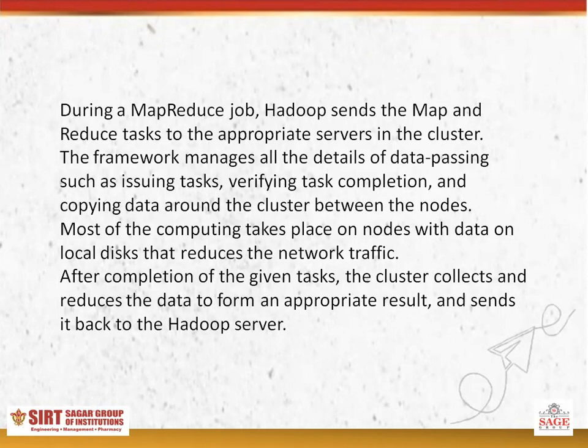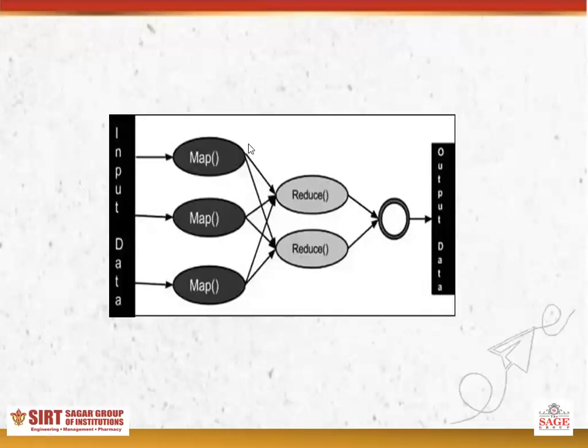After completion of the given task, the cluster collects all the reduced data to form an appropriate result, and then sends this result to the Hadoop server. This is basically the process of MapReduce. Now this figure shows the total algorithm.